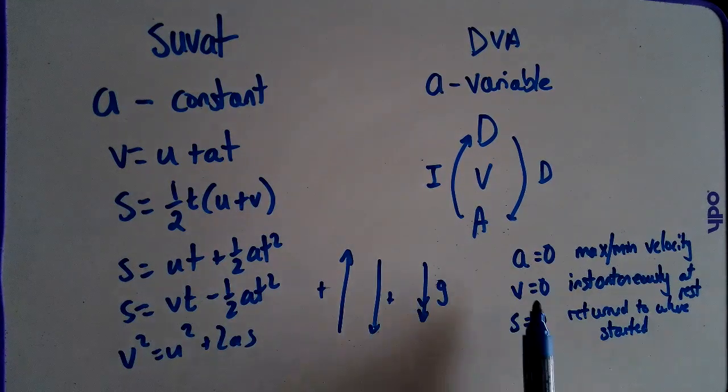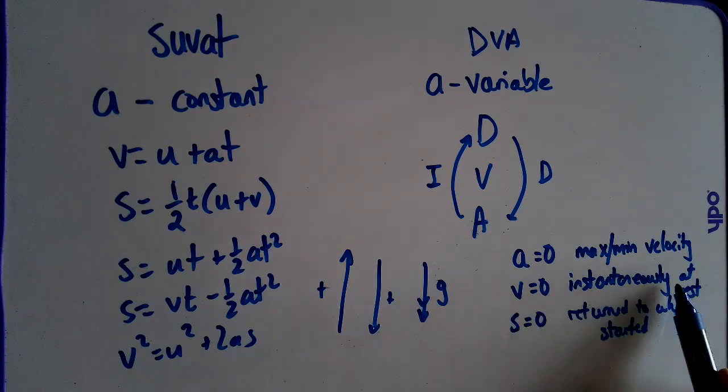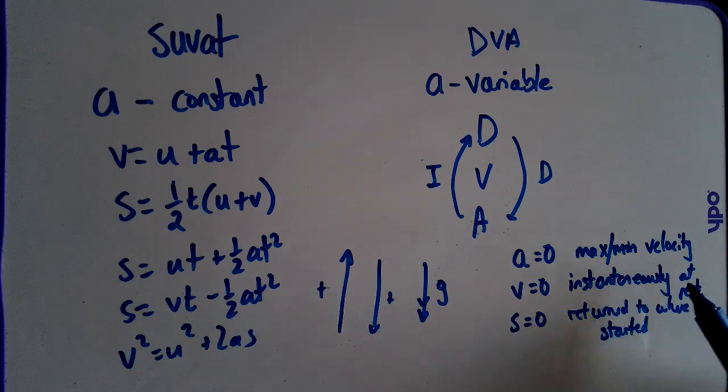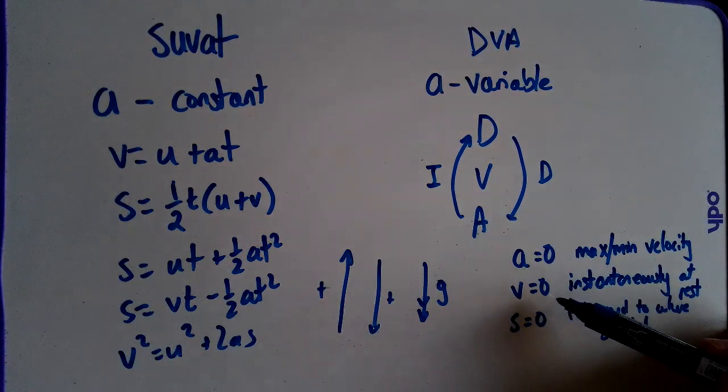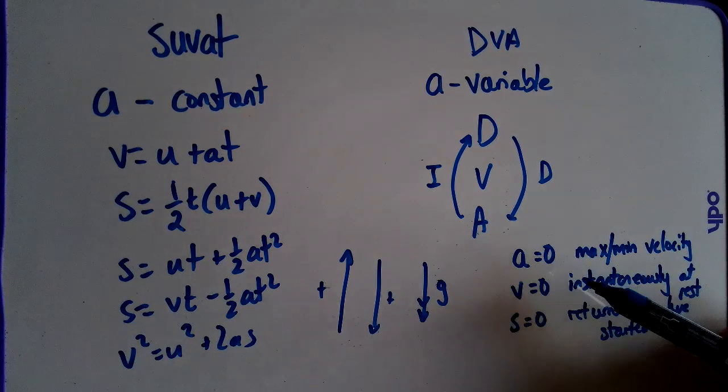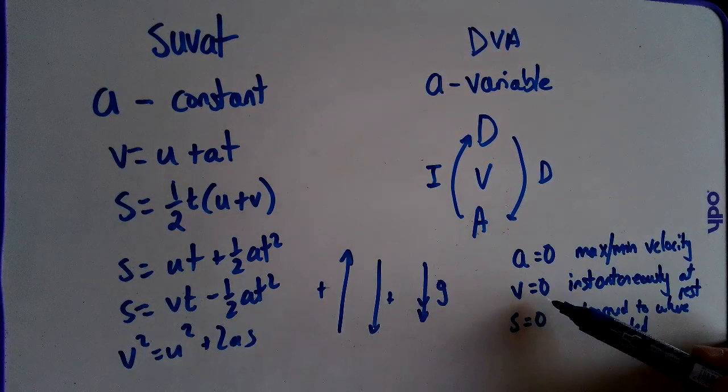Note that something can be instantaneously at rest and not moving, however, it can be accelerating. Otherwise, if v equals 0 always meant A equals 0, then nothing would ever stop moving, because you have to have some acceleration to get you to start moving.